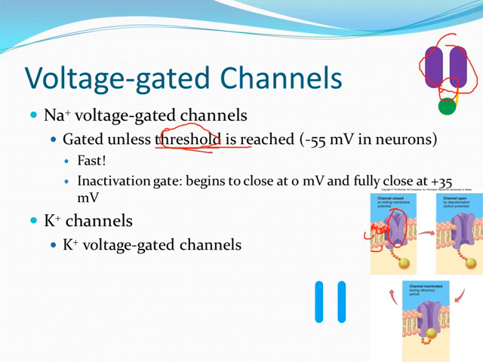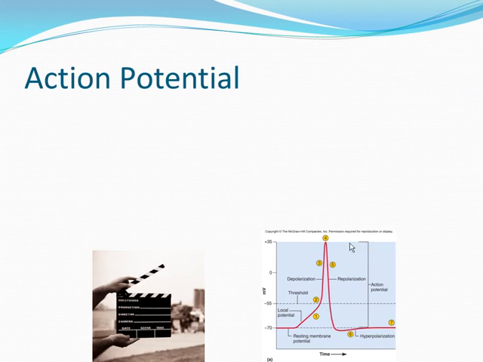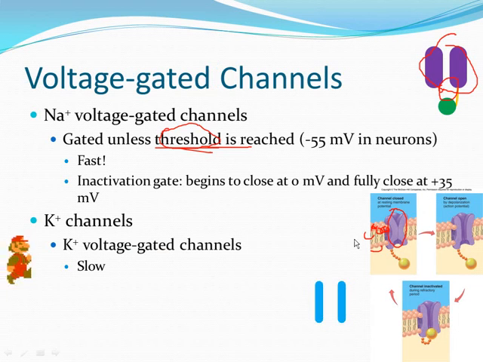You don't have to memorize the numbers, but I just want you to understand the concept. The potassium voltage-gated channels, however, are very slow. So once it hits a particular voltage, they do open or close, but they do it at a very slow pace. For example here, it slowly closed up.